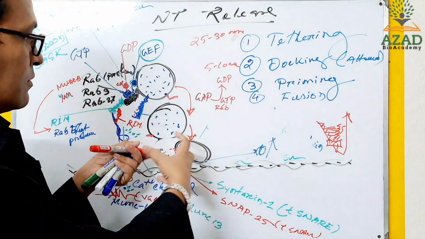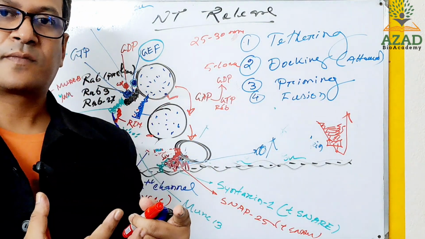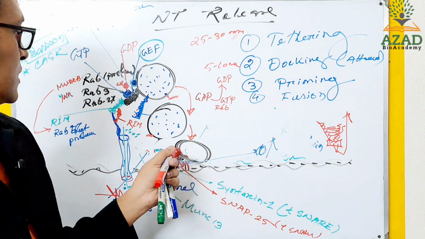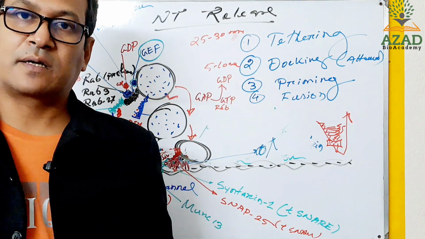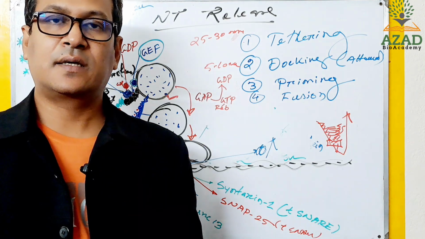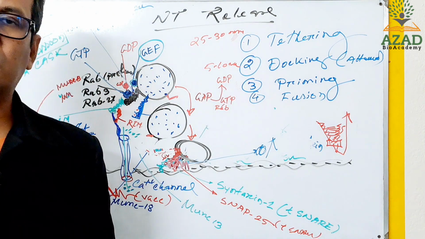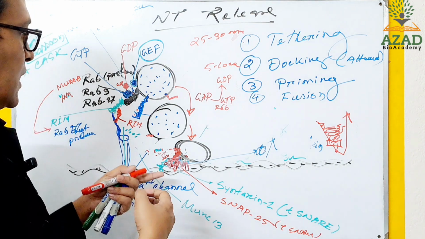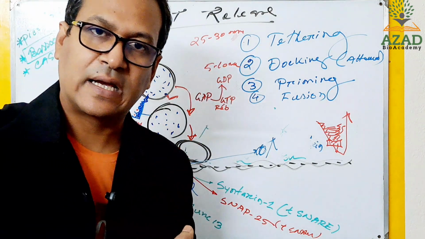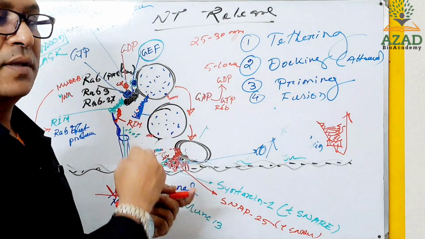So it will bind with the cross complex, that is the four alpha helical complex, influenced by the synaptotagmin, and it will create a mechanical force. So basically mechanical force will be created by the cross linking of the snare proteins and the influence of calcium binding synaptotagmin.